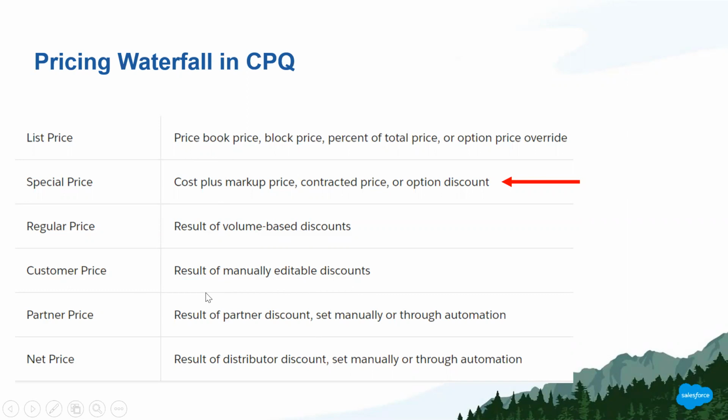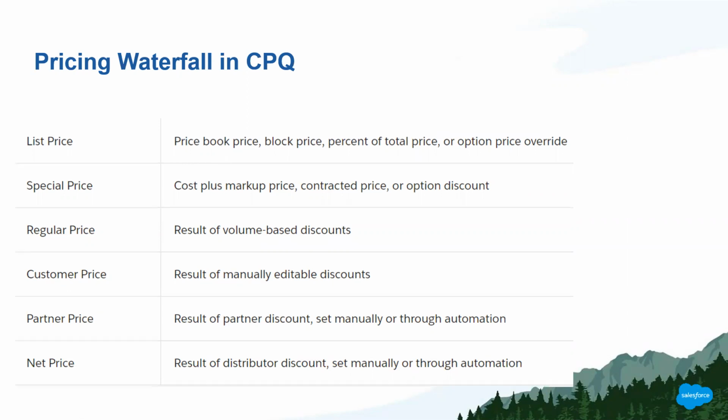And the list goes on until we reach a very important price, which is the final selling price, the net price. Net price is the result of partner price minus the distributor discount. I want you to know that the net price is basically the selling price, and it's the price you sell with after applying all the discount options available with CPQ.